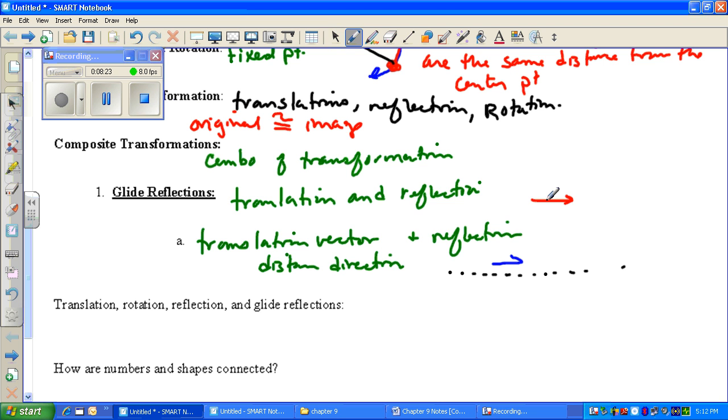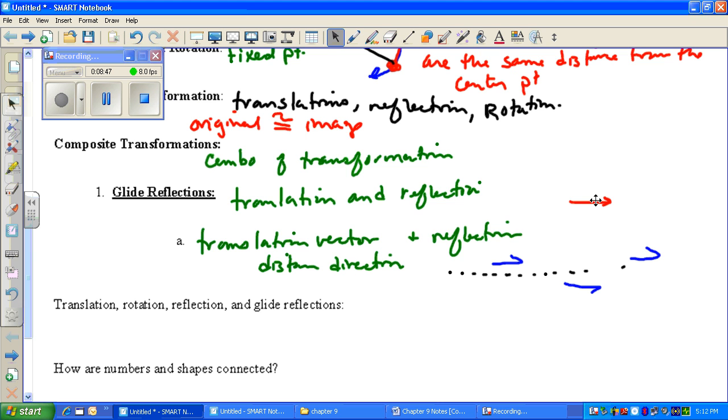So it's going to translate and reflect, and it's going to end up approximately here. Notice I went straight, and it ends up right at the end, and then you keep going. Now it's going to reflect back. It's like the little footprints in the sand, and it just alternates over that line. So that's a composite, and that also has a congruency.